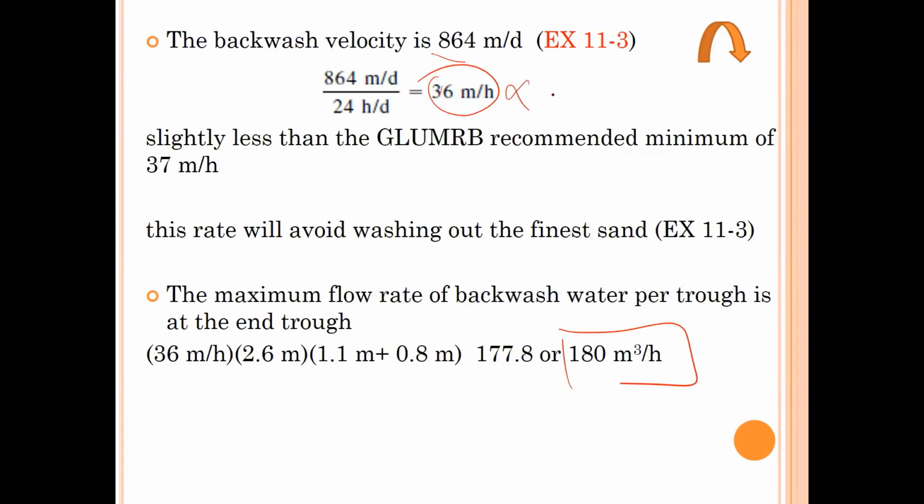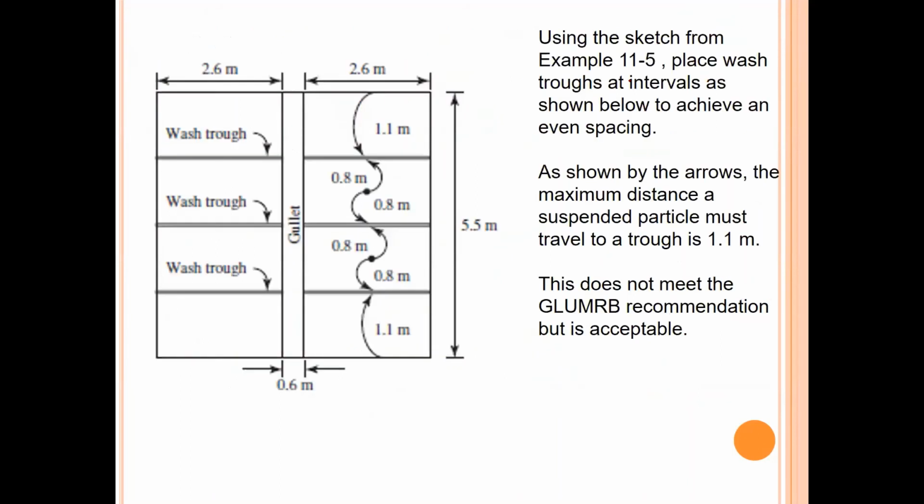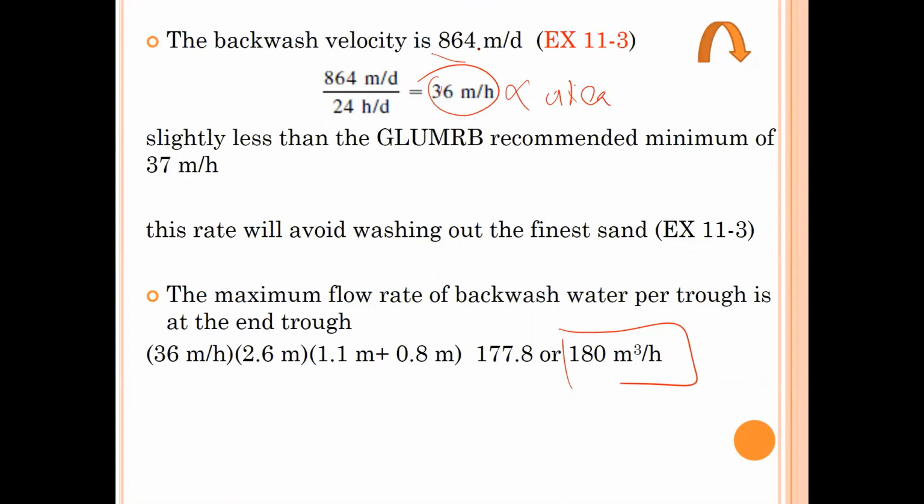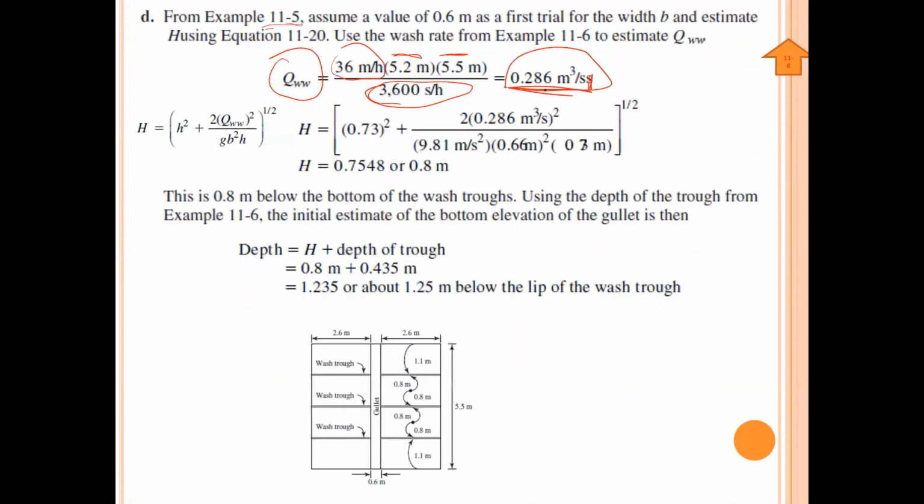Velocity multiplied by area, and area, you remember, is 5.2 multiplied by 5.5, which we already calculated here, which is 180 meter cube per hour. If you convert it into second, we will get this number, 0.286 meter cube per second.